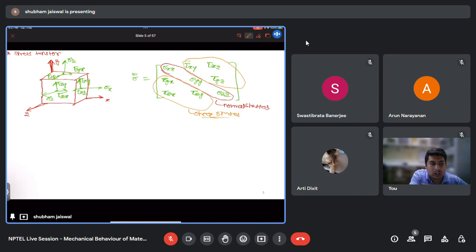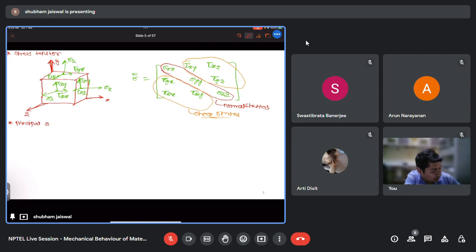Then we came across the concept of stress transformation, or the axis transformation. If it is at some orientation, how we will transform. So that we studied, but not in much detail because it is not that important.